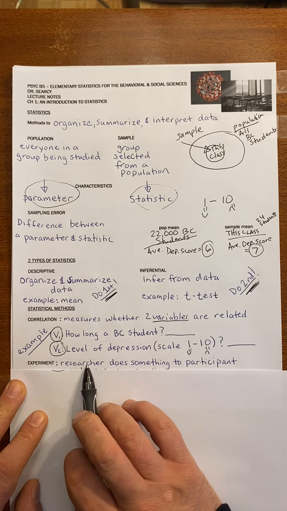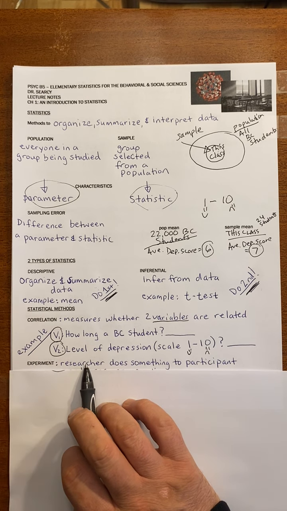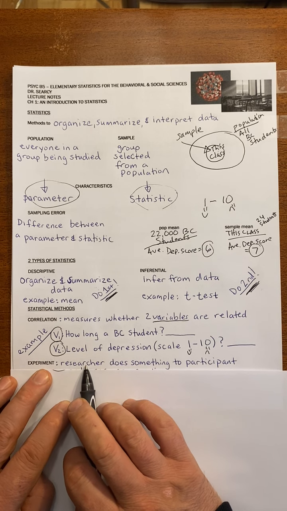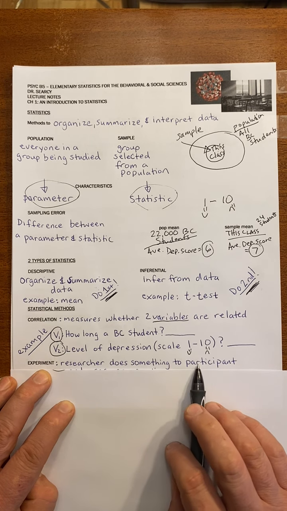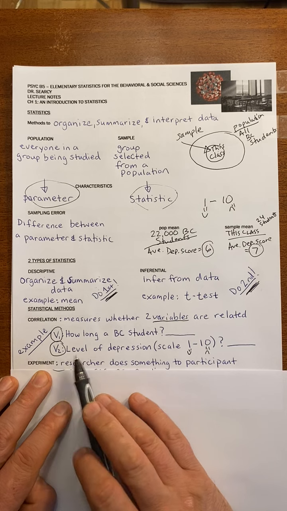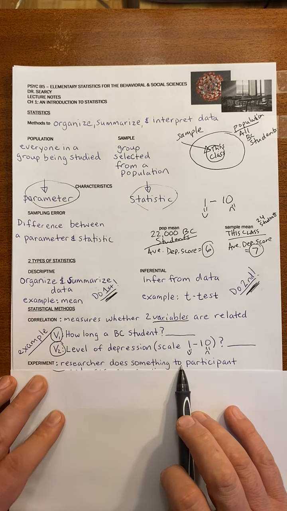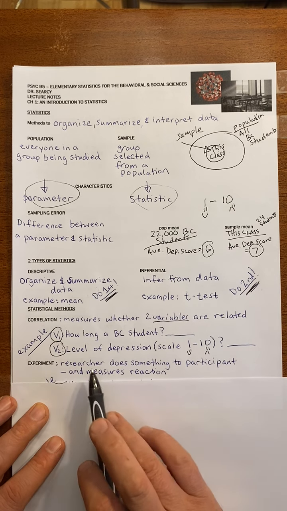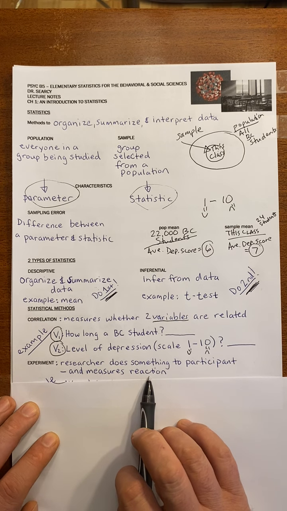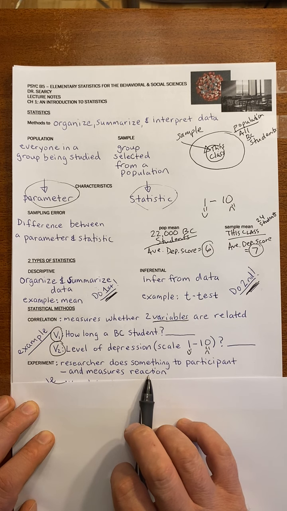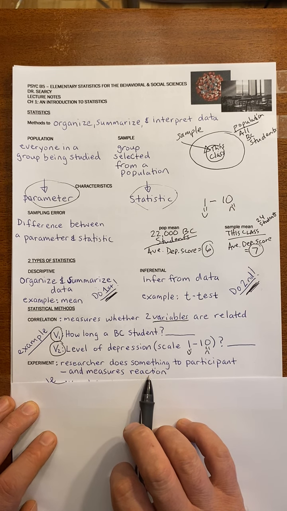So a researcher has prepared some intervention, some way to have some impact on the participant. In the experiment, the researcher does that thing to the participant, and the whole point of doing the thing to the participant is to then measure the participant's reaction. How does the participant react to the thing that the researcher has just done to them?